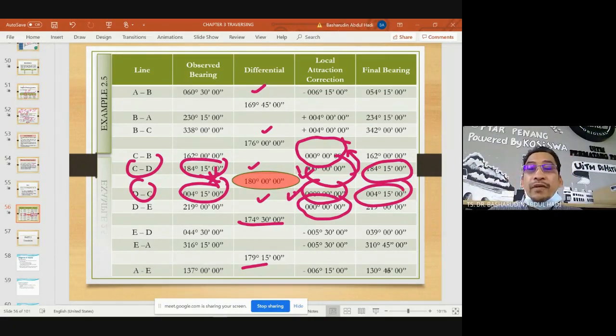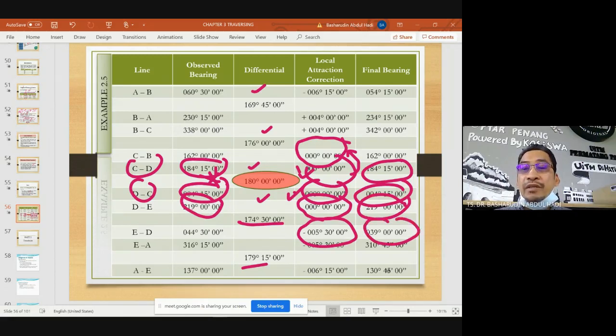If this one has no correction, meaning 219, you copy here 219. When you minus this one, you must do the correction. The correction is like this: 5 degrees 30 minutes, so you get 39 minutes 0 seconds. When you minus this one, you get 180 degrees back.